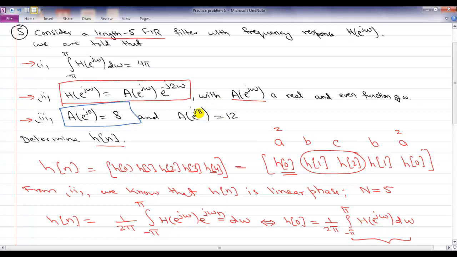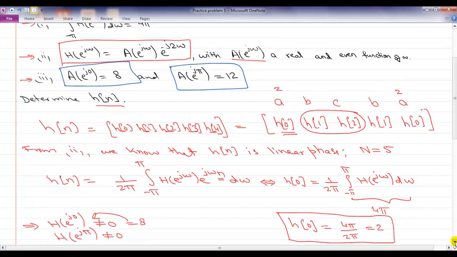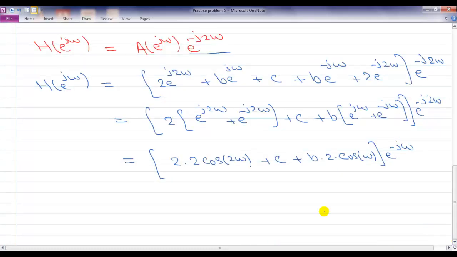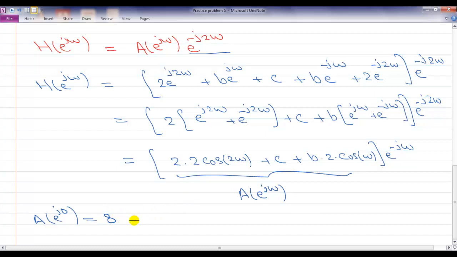A of e to the j0 is 8 and A of e to the j pi is 12. So I have found this to be my A of e to the j omega. Right? And we are told that A of e to the j0 is 8. So I just plug that in.